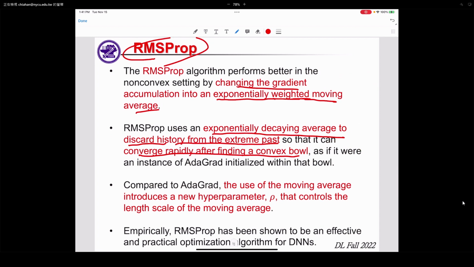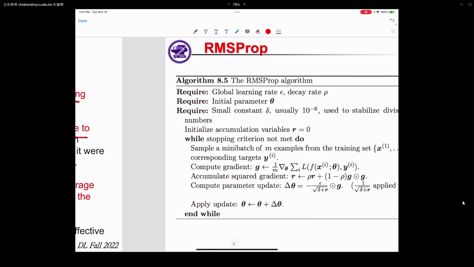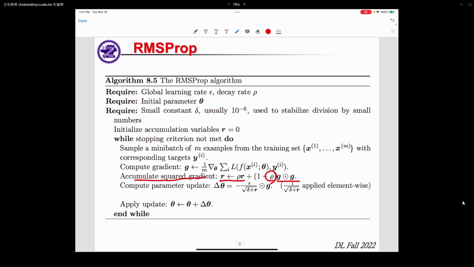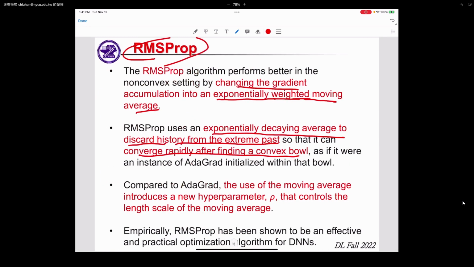For the gradient calculated a long time ago, you don't want that to have a lot of effect, especially when dealing with neural networks, where the case is more complicated.